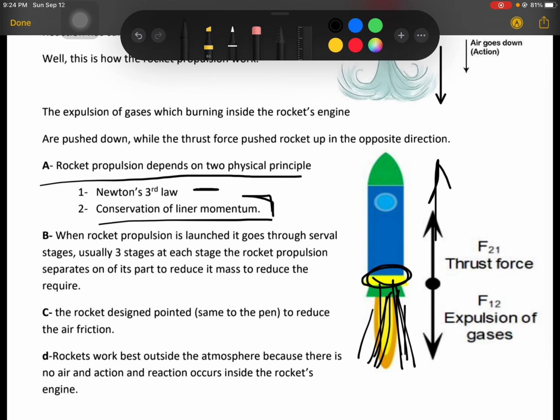When the rocket is launched, it goes through several stages. Let me draw this for you. The rocket starts from its station from here.